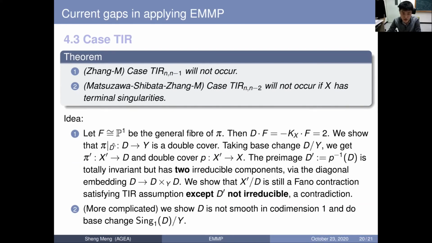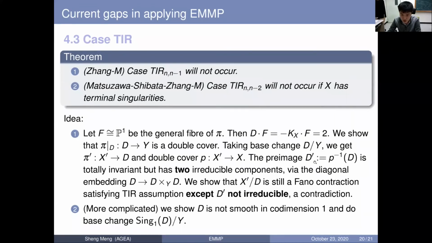And we can further show that D is also a double cover of Y, because D intersects with F equals 2. Then we take the base change of D over Y. We get pi prime from X prime to D, and a double cover X prime to X. Consider the preimage D prime equals P inverse D. Note that because we have the endomorphism on D, the base change is also equivariant.